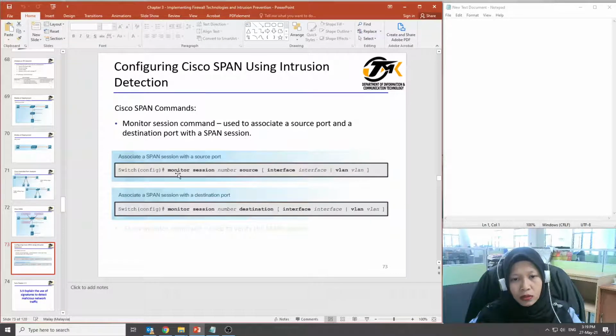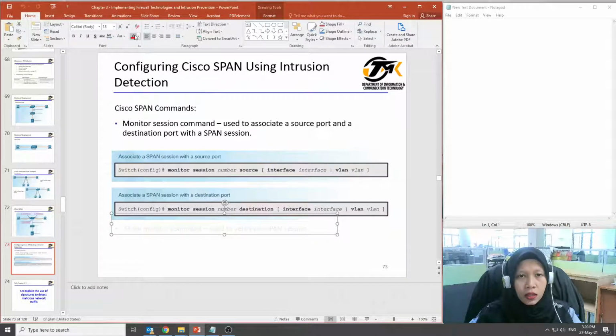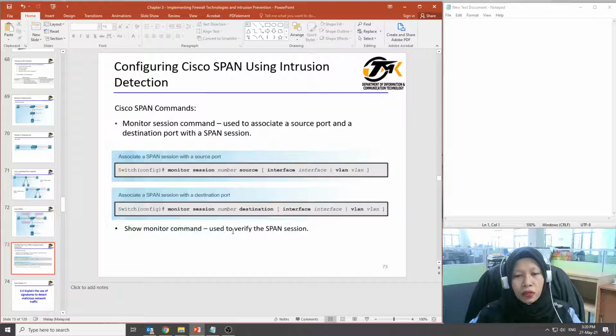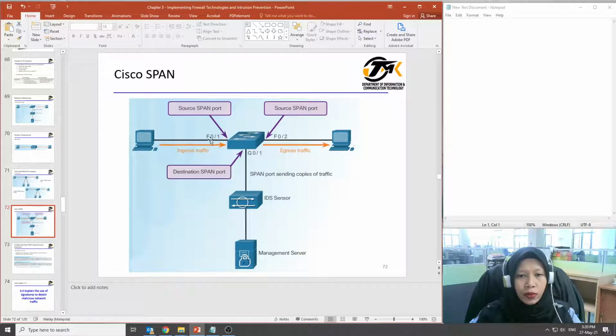The command is monitor session, number, source, interface or VLAN, and for the destination port, monitor session number destination interface. Use the show monitor command to verify the SPAN session. So what is the number destination? This is the port.